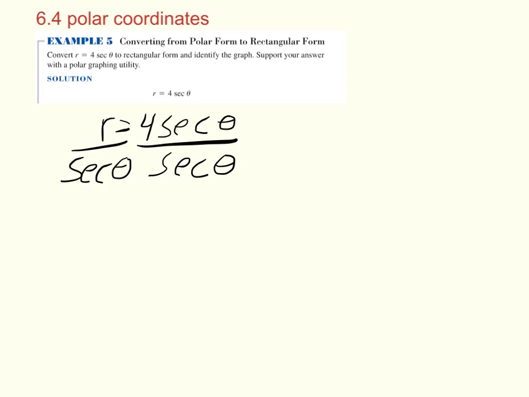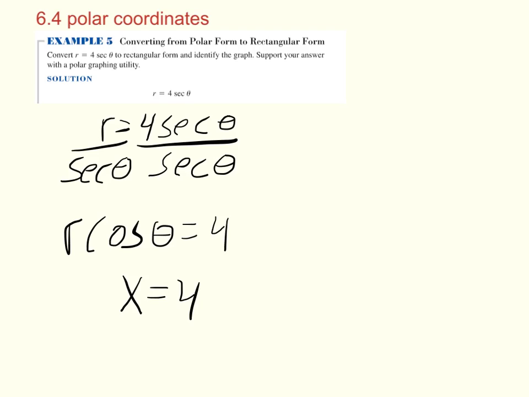Well, R divided by secant theta, secant's 1 over cosine, so if we divide by secant, that's the same as multiplying by cosine, so R cosine theta equals 4. Well, R cosine theta, in terms of our equations, is the x coordinate, so this equation simply becomes x equals 4, which is simply a vertical line at 4.